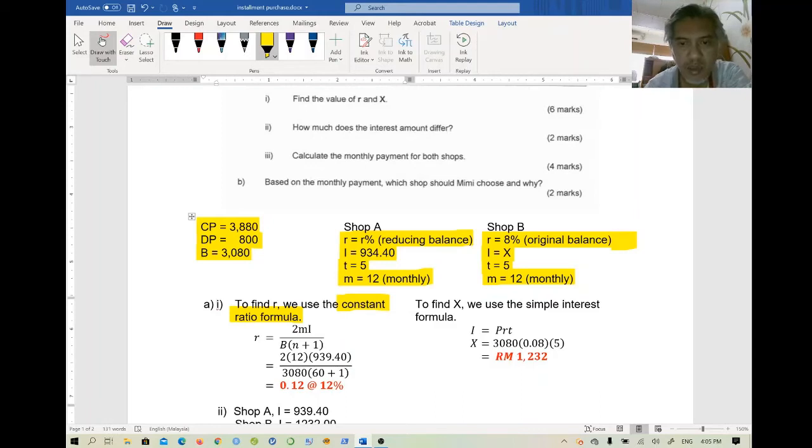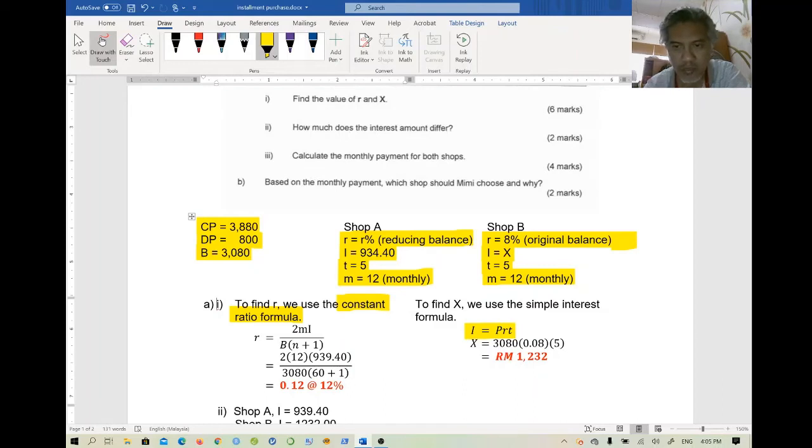And then the second one asks you to find the value of X, that is the amount of interest for shop B. In this case we have to use the simple interest formula, because the interest of 8% here is based on the original balance. So when using the original balance, we go back to the second unit, that is the simple interest unit, where the interest calculation is based on the simple interest formula. To get the value of I, we use the formula I is equal to PRT.